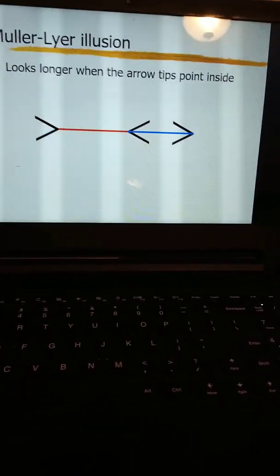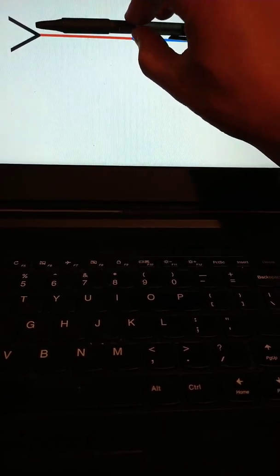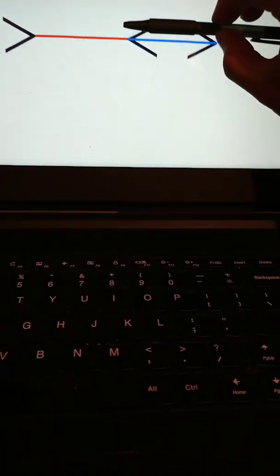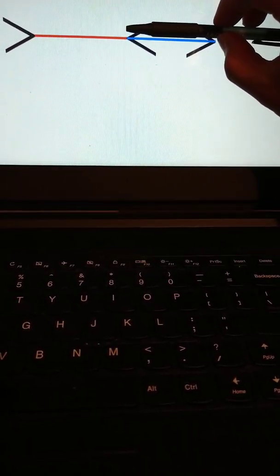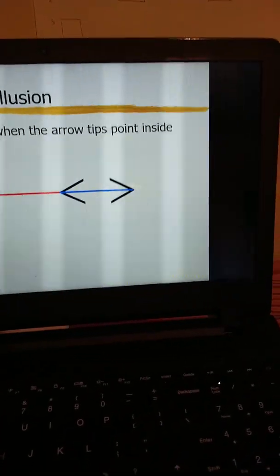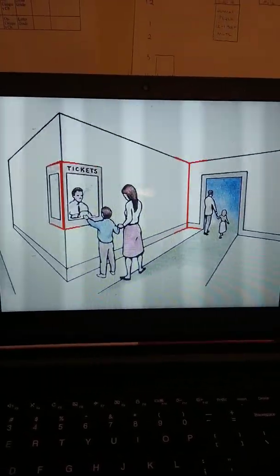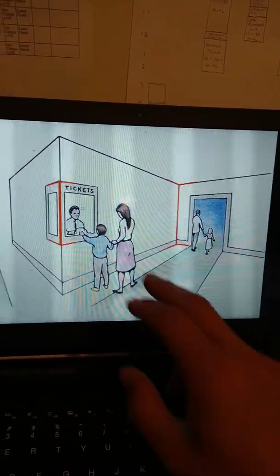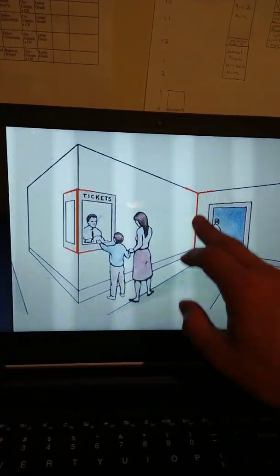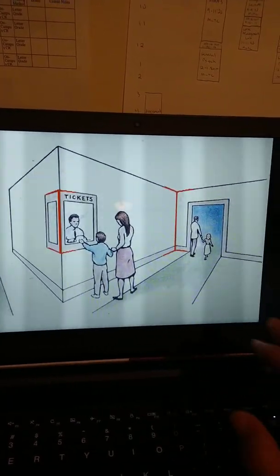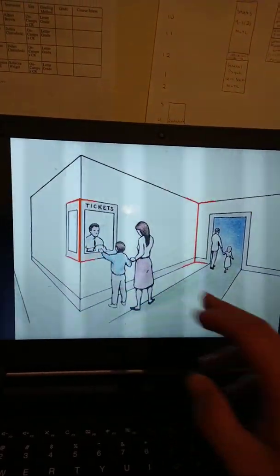Now, let's see. The red one goes from there to about there to there. Blue one, same idea. So even though it looks like it's significantly longer, it's not, just because of the orientation. So again, I ask you guys, if you compare this line here to this line here, just by looking at it, it looks like this one is longer than this one, right?